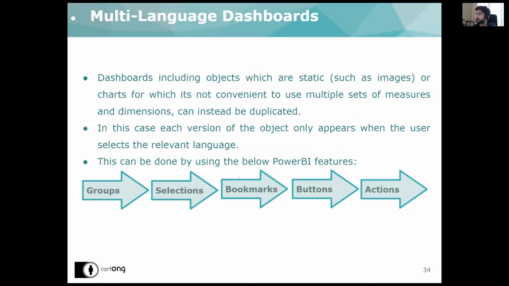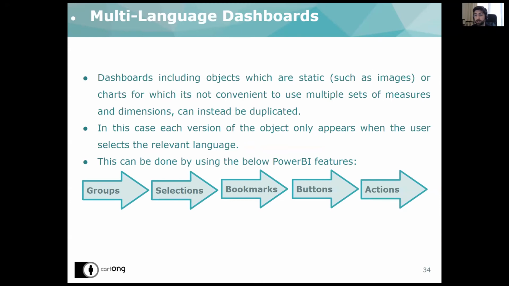Okay, so for the main method that we're going to look at today, just a quick summary of how we put it all together. You can see in the arrows, we group the objects into the relevant language. We use the selections to make them display or appear. We use the bookmarks to save that status, where they're visible or invisible.